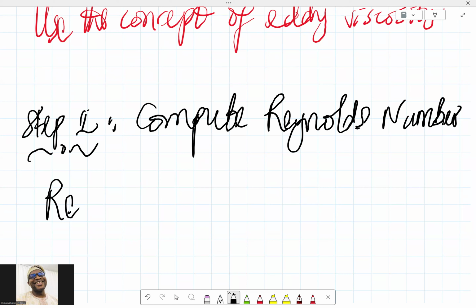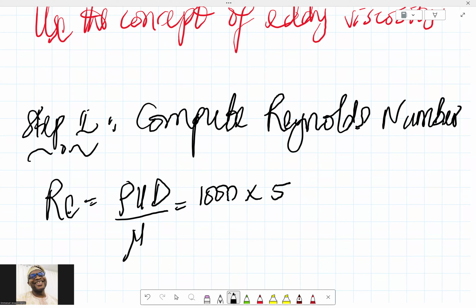So the Reynolds number Re is rho u d all over mu. The other time we talked about length, but now the diameter is given, which is a kind of length. So we have rho as 1000, times the velocity 5, times the diameter 0.1, all over mu, the viscosity, which is 0.001.